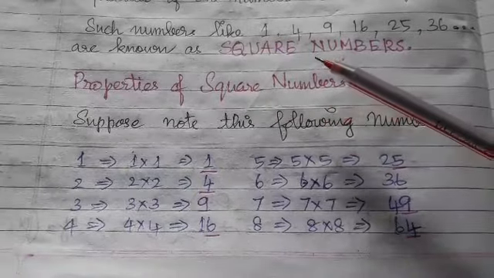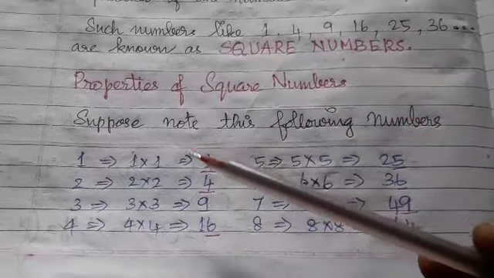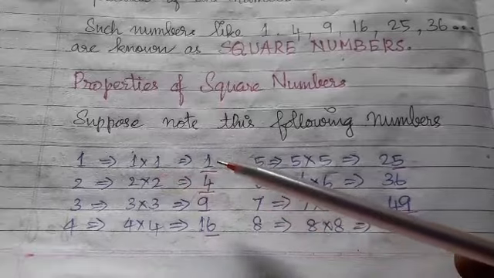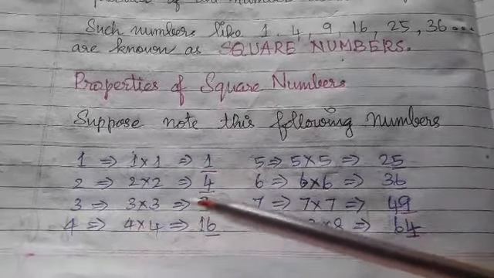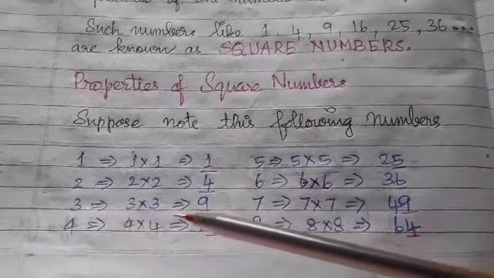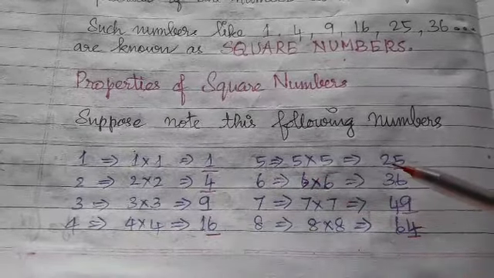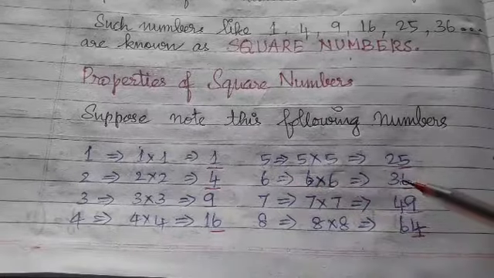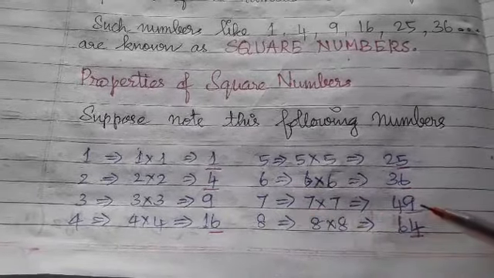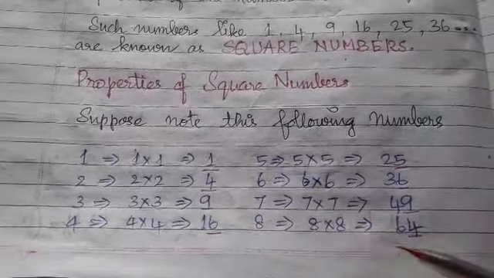What is the property of the square number? Suppose you see the following numbers: 1 into 1 is 1, 2 into 2 is 4, 3 into 3 is 9, 4 into 4 is 16, 5 into 5 is 25, 6 into 6 is 36, 7 into 7 is 49, 8 into 8 is 64.